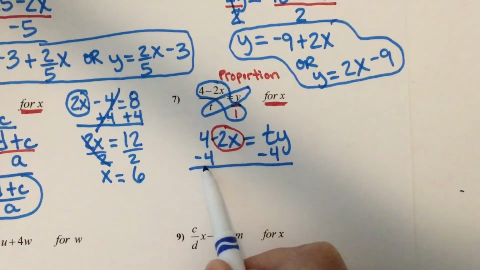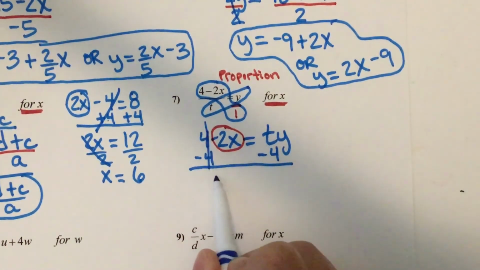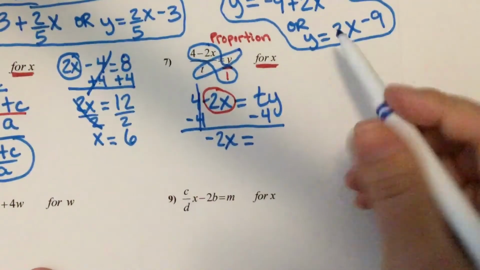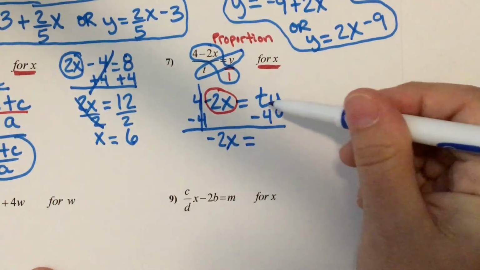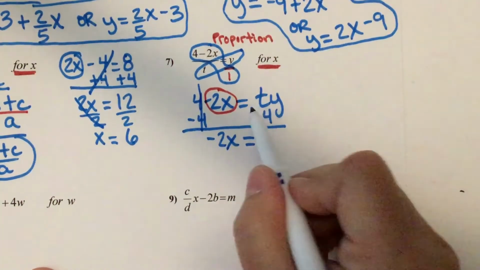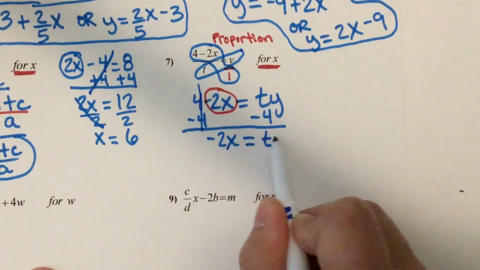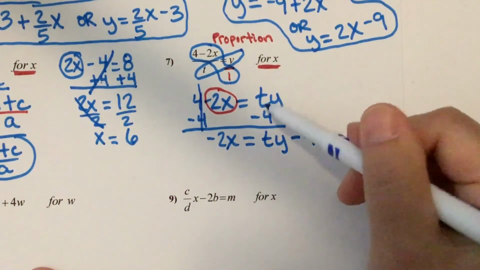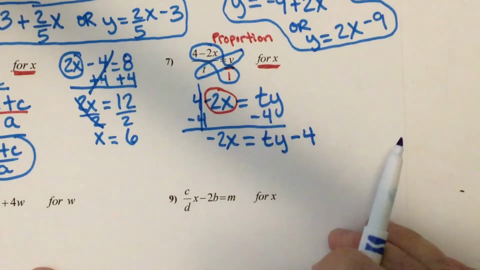So 4 minus 4 is 0. Shoop. Bring down your minus 2x. Bring down your equals. And then you can't subtract these because this has a ty and this does not have a ty. So you just recopy. Bring down the ty and bring down the minus 4. Not doing any math, just dropping it, dropping it.